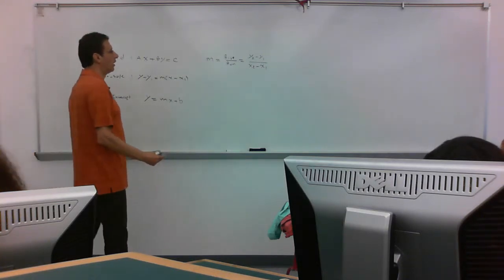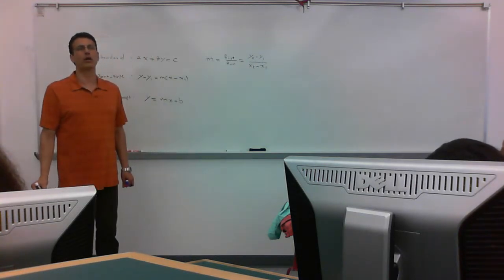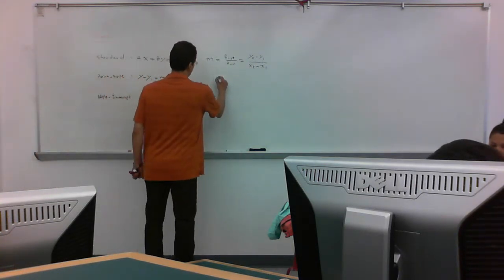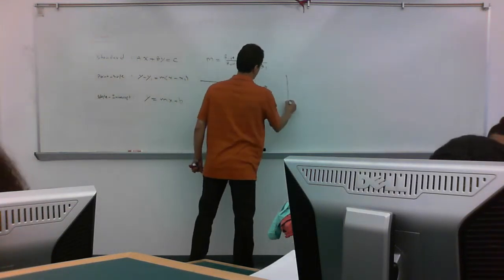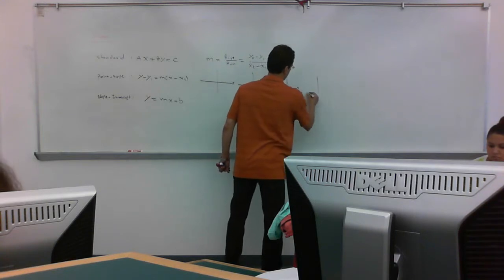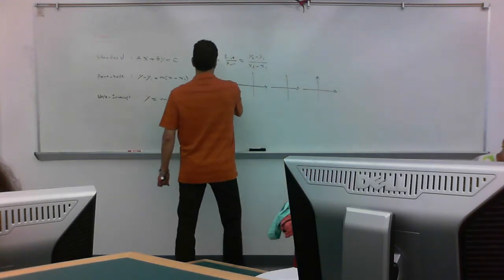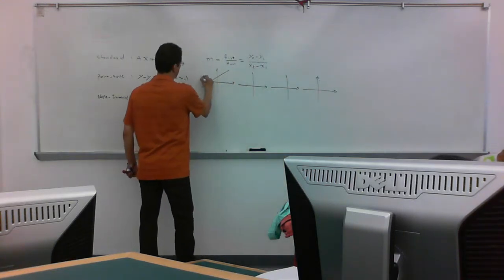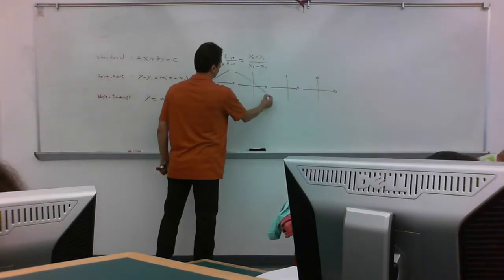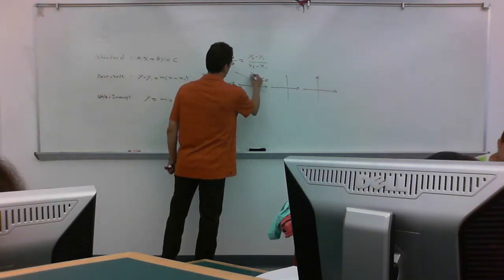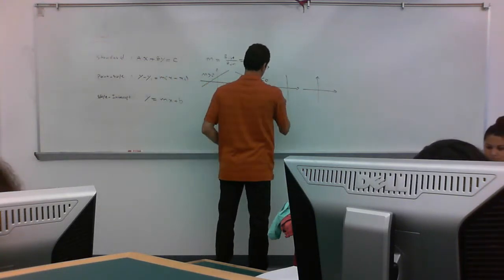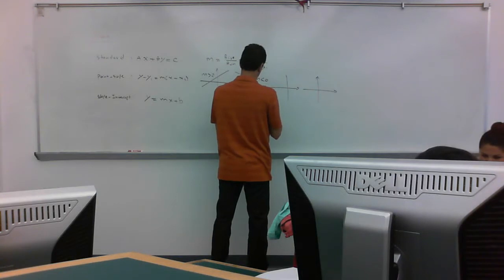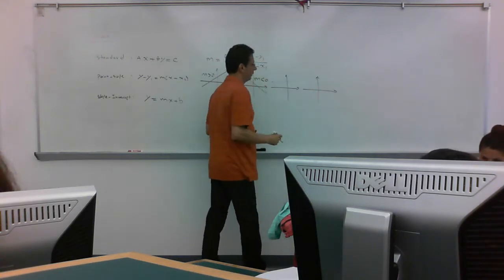When we look at lines, 4 cases could happen. Positive slope, negative slope, horizontal line.